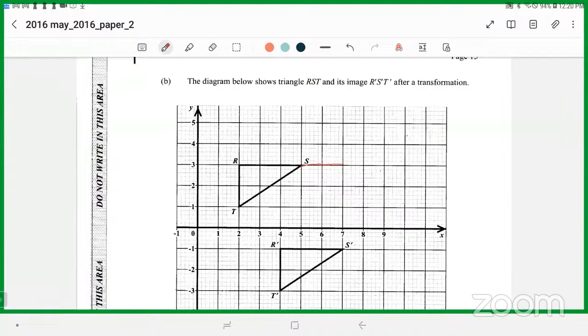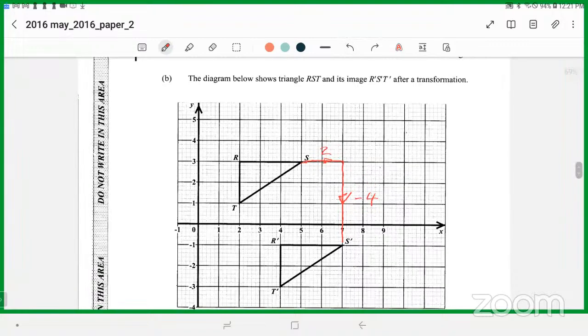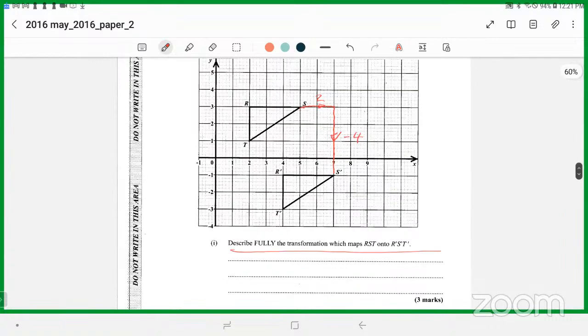Vertically, one centimeter to 1 unit, so make sure the scale is correct. So it's 2 units to the right. And then how many units down here? 1, 2, 3, 4 units down. So it's 2 to the right, 4 units down means -4. So that translation is (2, -4). They're going to ask us to describe it fully, so that makes sense.